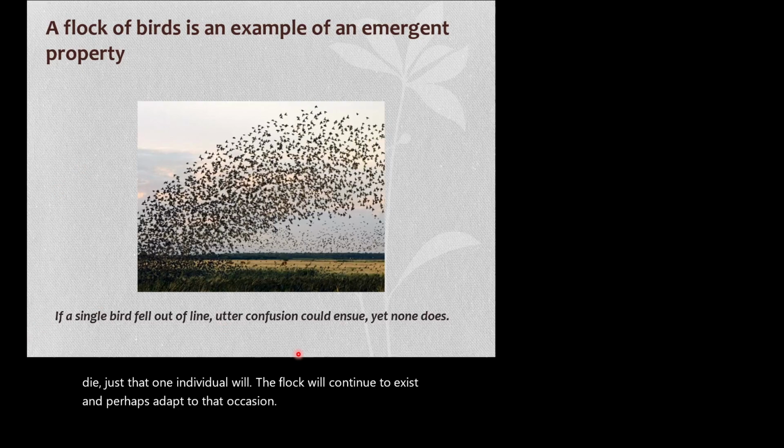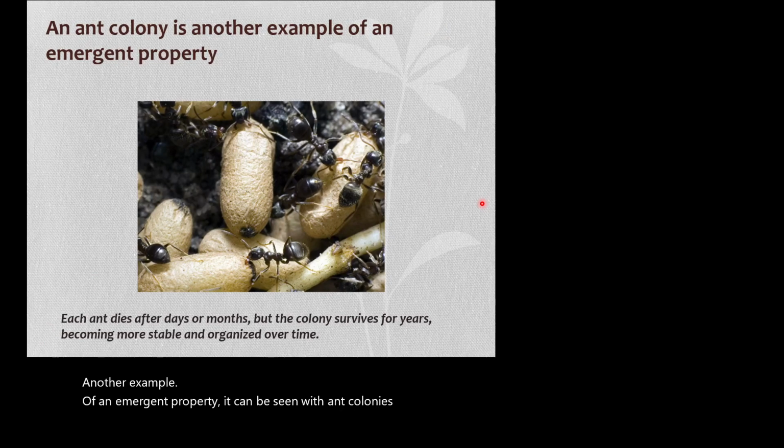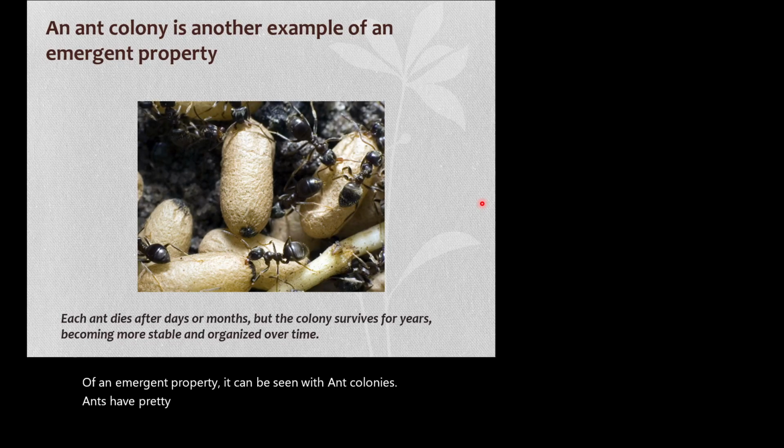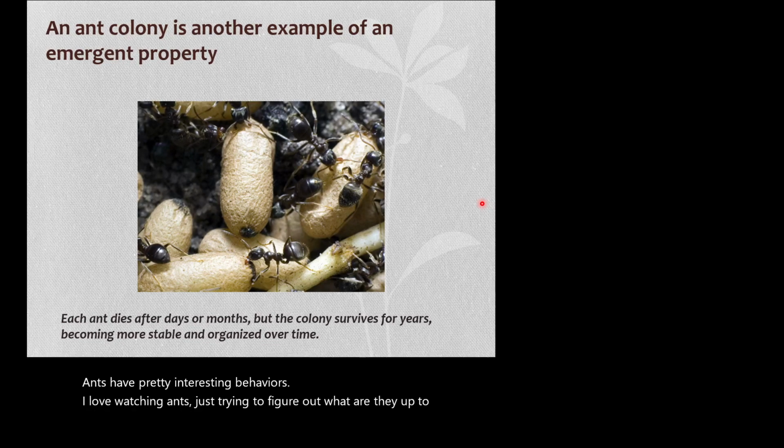Another example of an emergent property can be seen with ant colonies. Ants have pretty interesting behaviors. I love watching ants, just trying to figure out what are they up to.